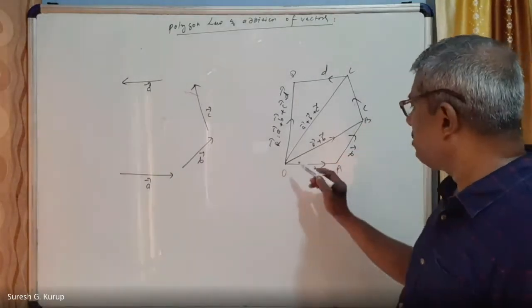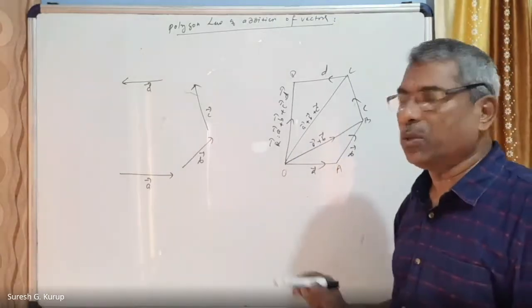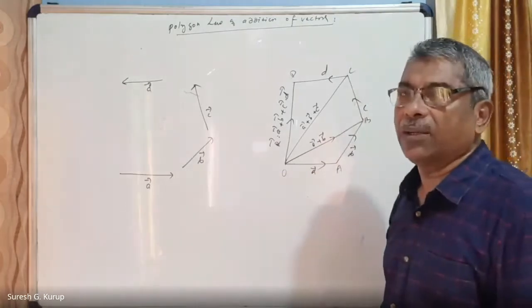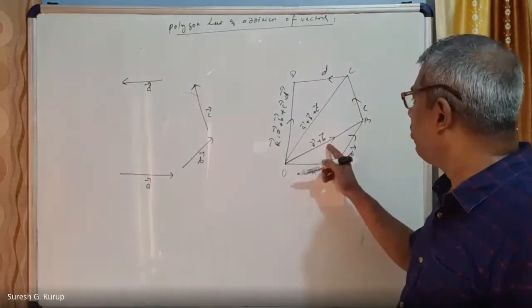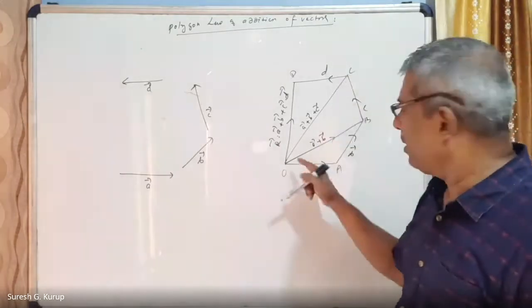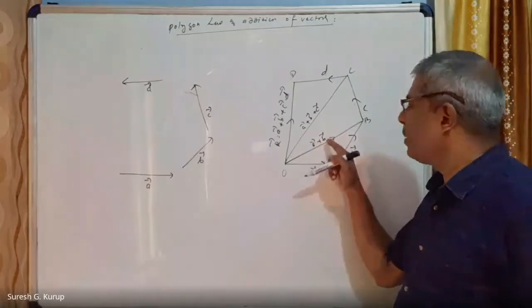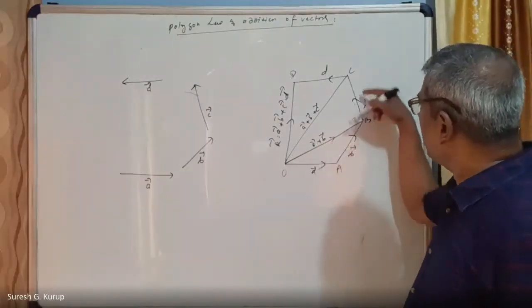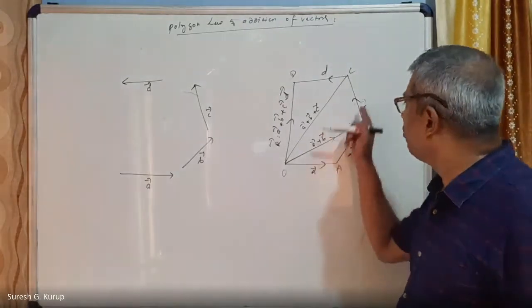Now we see another triangle. This is OBC. In triangle OBC also, vector OB and vector BC are two vectors adjusted at the sides of a triangle taken in order. So this side and this side are two vectors. This vector OB is equal to vector A plus vector B, and this vector BC is equal to vector C. They are taken in order and are two sides of a triangle.